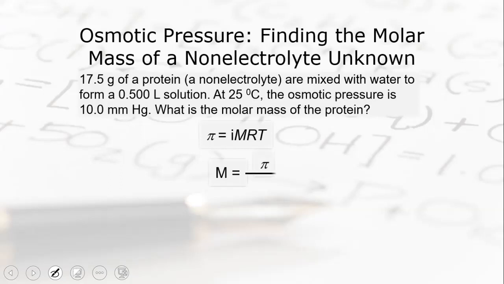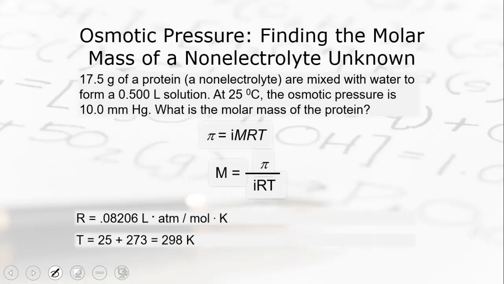So let's rearrange our equation here and put in some of the values. R is 0.08206 liters times atmospheres per mole per Kelvin. That's our good friend, the gas constant. Temperature has to be in Kelvin, so we add 273 to our 25 to get 298 Kelvin.